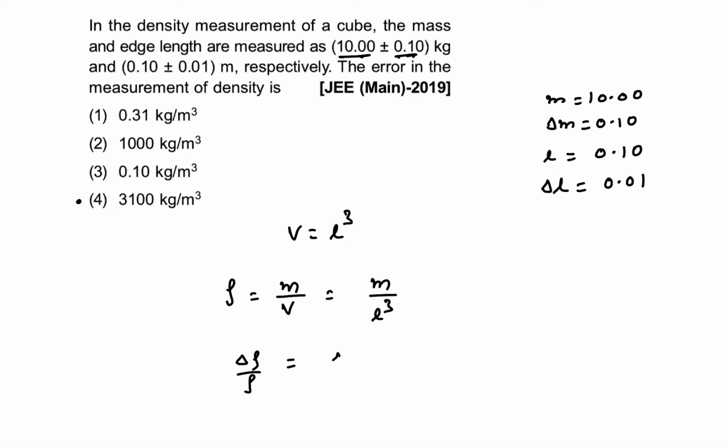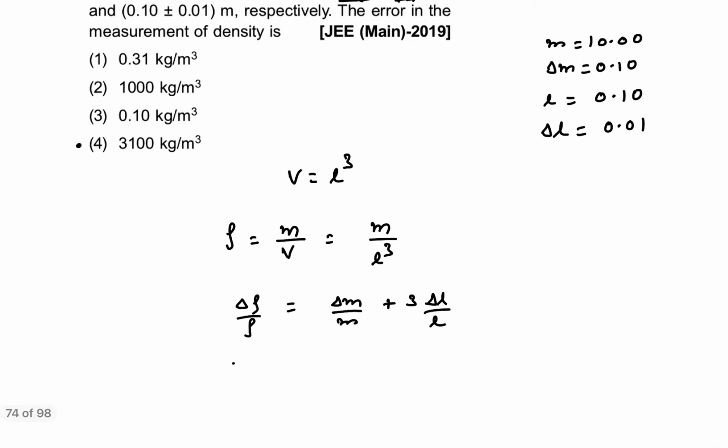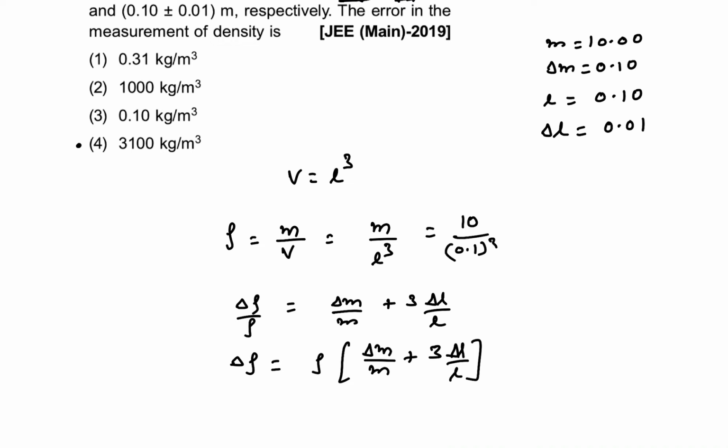You can write delta rho divided by rho is equal to the error in measurement of density. They are asking only error, okay, delta rho. We can write delta m divided by m plus 3 into delta L by L. Again, you can write delta rho is equal to rho into delta m divided by m plus 3 into delta L divided by L.